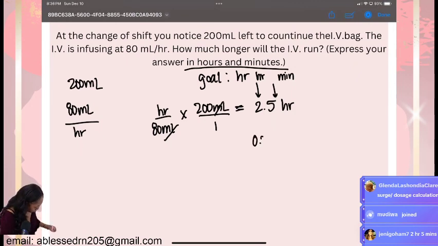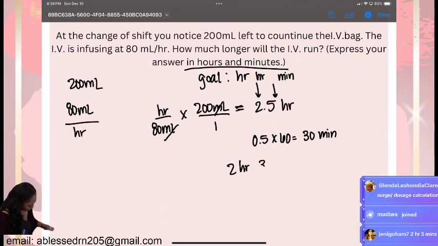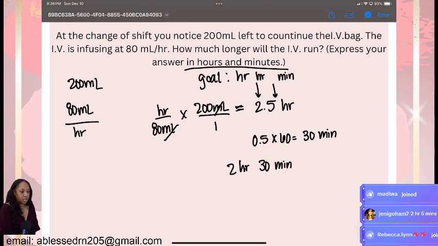So 0.5 times 60 is going to be 30 minutes. So this IV is going to run 2 hours and 30 minutes longer before it starts beeping and getting on your nerves. Cool? Do I need to revisit any part of it?